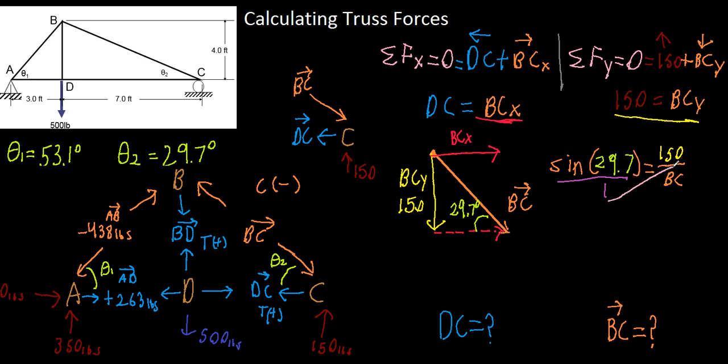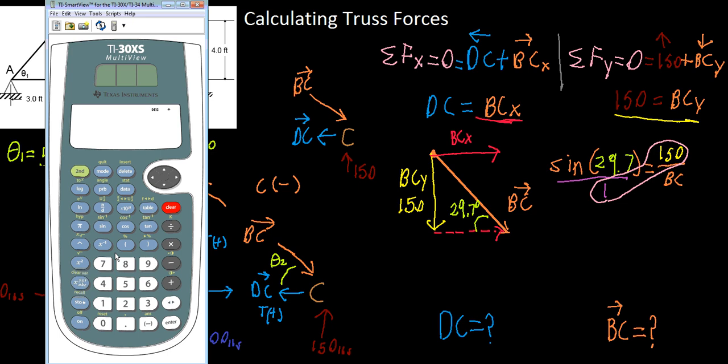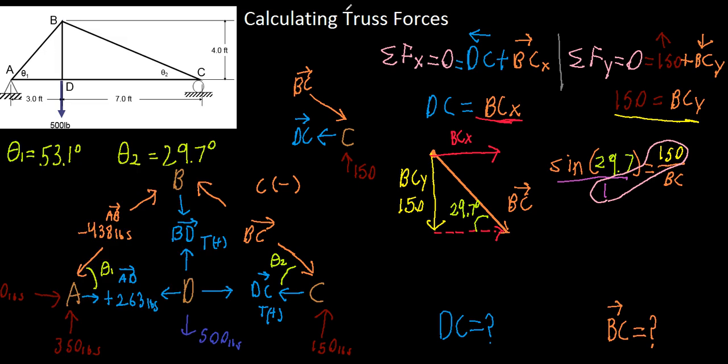I see 1 is going to multiply by 150, and then I'm going to divide by the sine of 29.7. So I pull out my calculator, and I type it in: 150 times 1, which is just 150, divided by the sine of 29.7. What do we get? BC equals 302.7, or basically 303.